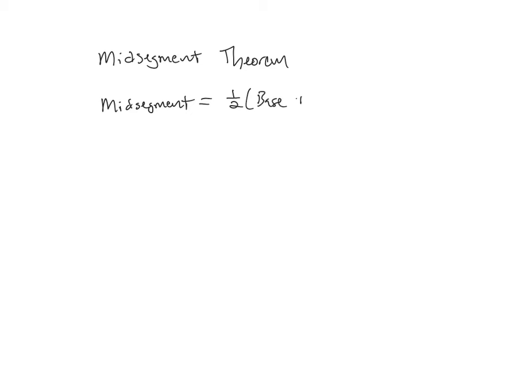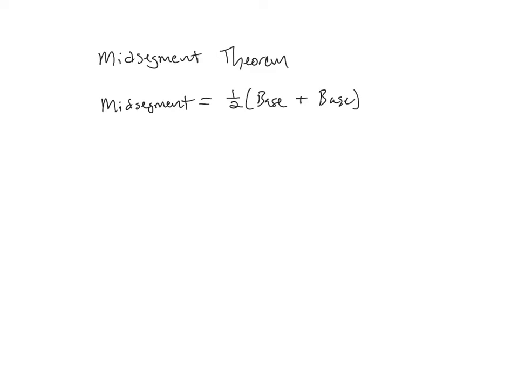Then we also have, for a trapezoid, what's called the midsegment theorem. And so what that says is the midsegment equals half of base plus base.